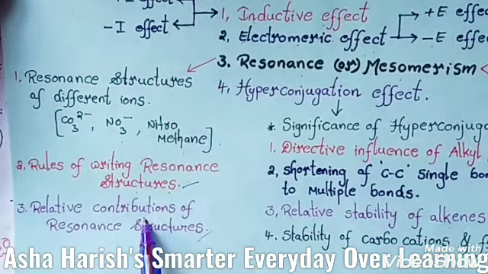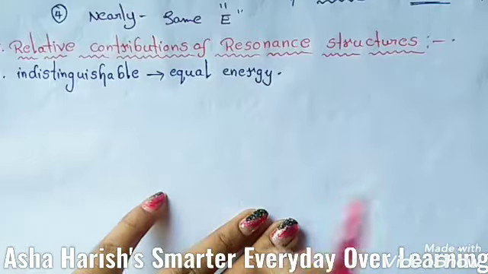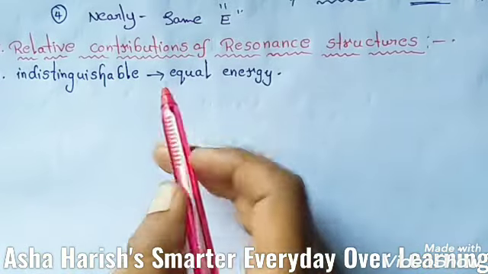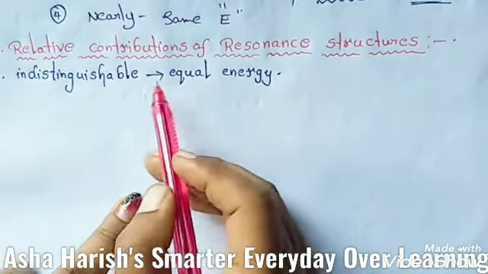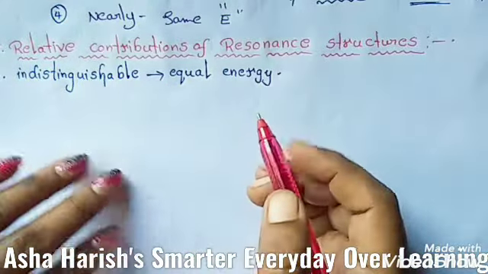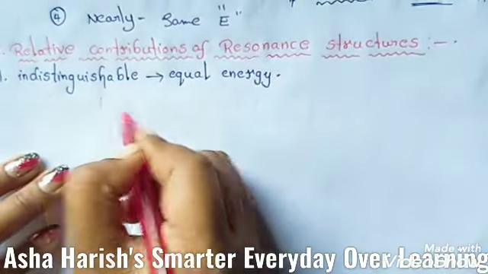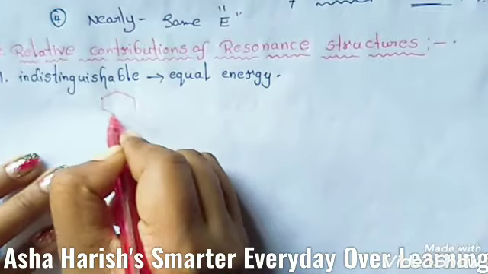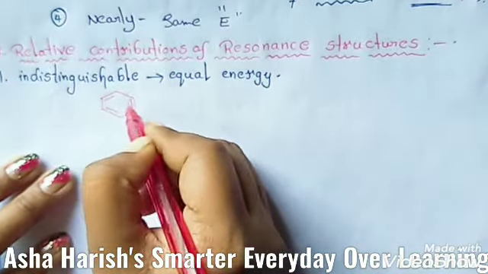Now let's see the relative contributions of resonance structures. We shall discuss point-wise. The first one is that structures which are indistinguishable or of equal energy contribute equally towards the resonance hybrid. For example, if I take the example of benzene like this, and here the bonds are alternately double bonds.